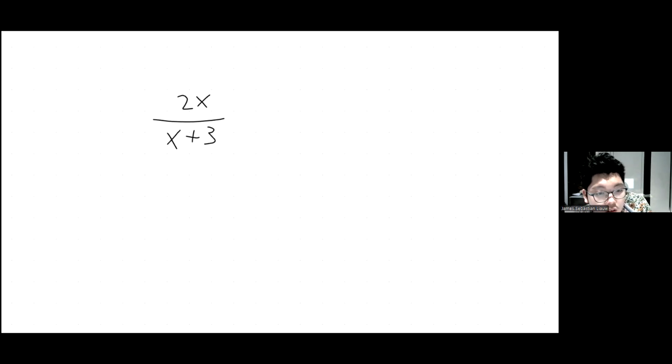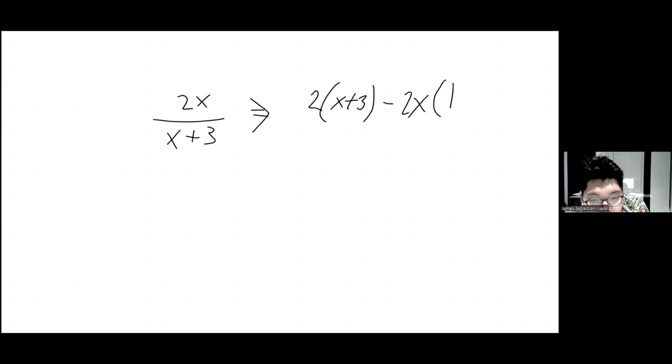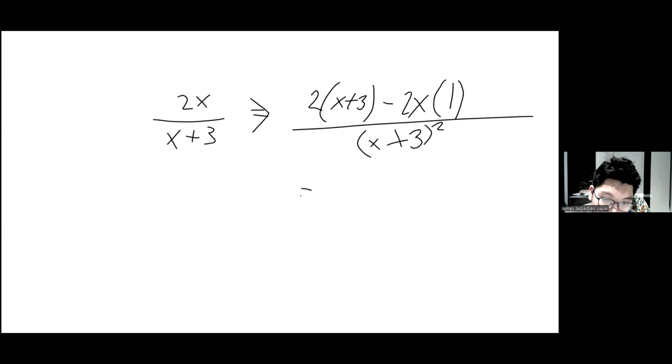Well, u prime v minus uv prime over what's at the bottom, and this gives you 6 over, and this is your final answer.